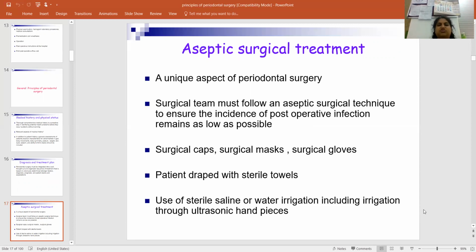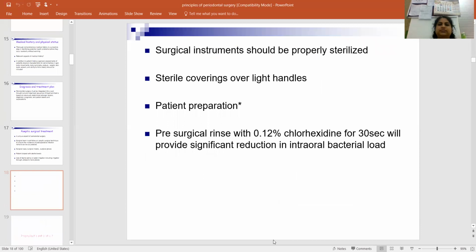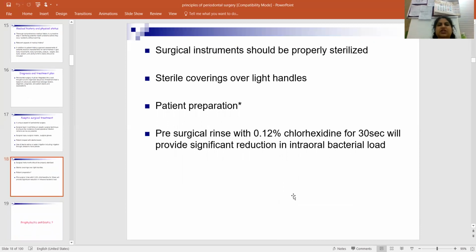The patient is draped with sterile towels. Use sterile saline and water irrigation, including irrigation through ultrasonic hand devices. Surgical instruments must be properly sterilized and autoclaved. We can use an autoclave, hot air oven, and sterile coverings over the light handles.